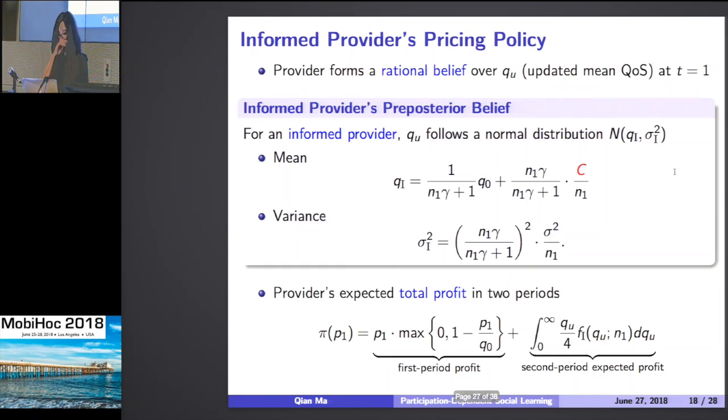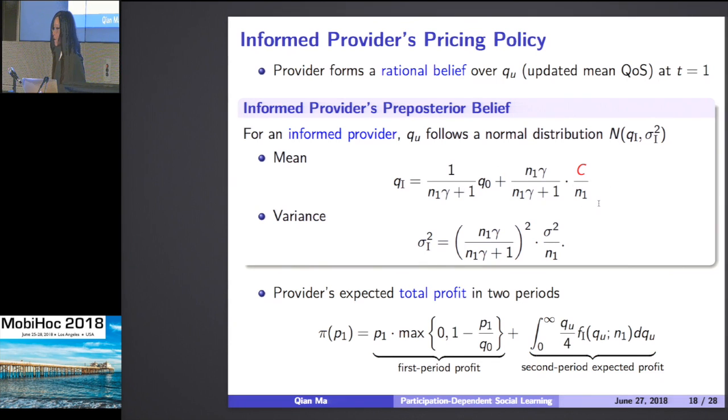So before the provider calculates its expected total profit in the two periods, the provider will form a rational belief over QU at the beginning of the first period. Specifically, our theoretical analysis shows that the informed provider's pre-posterior belief over QU follows a normal distribution. And the mean QI is a weighted sum of Q0 and the capacity C divided by N1.